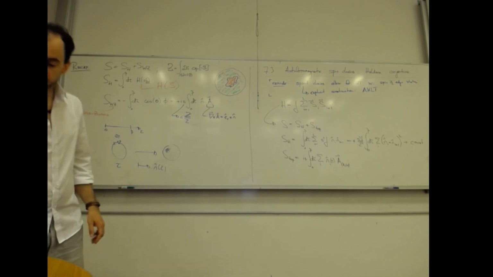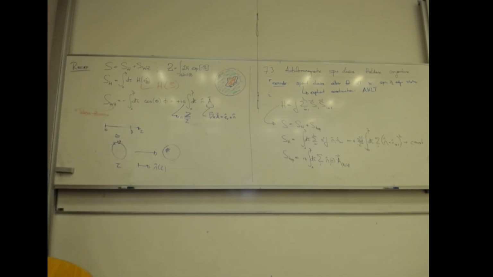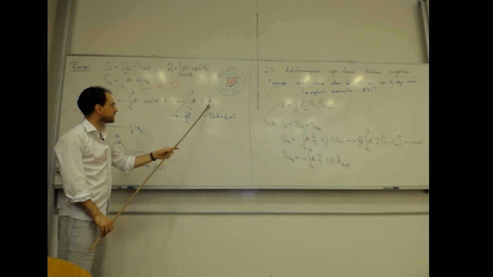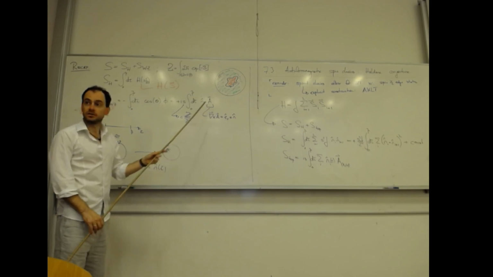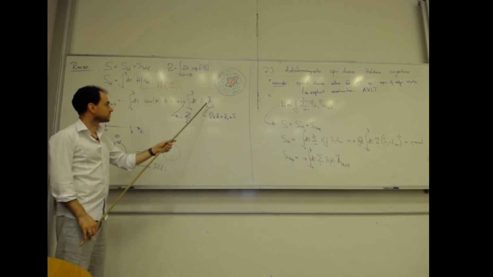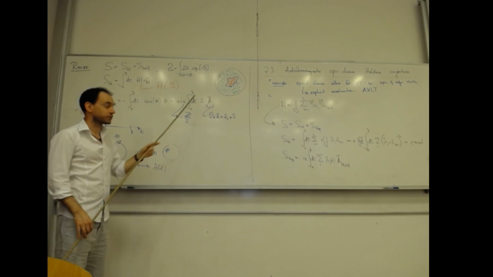Maybe another comment. We have seen this, last time I showed you explicitly. This A here is explicitly expressed in terms of theta and phi, the angles that we chose to represent n. So it does depend on n in this way.